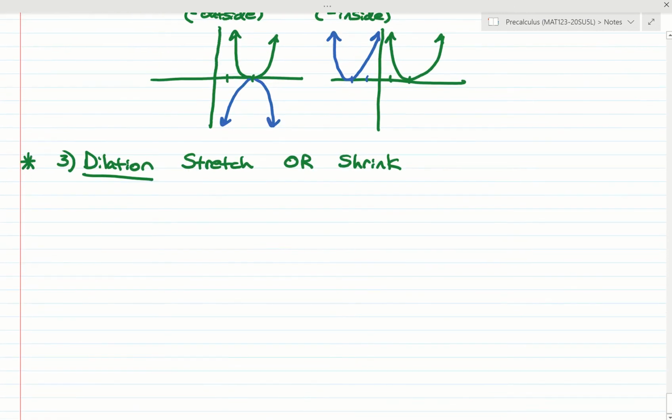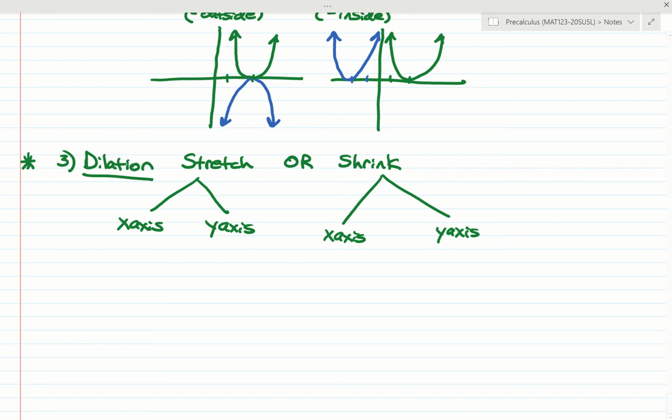Now we could stretch in the x-axis direction or over the y-axis. We could shrink also over the x-axis or the y-axis. When I say shrink, imagine you're bringing the graph closer to the midsection from either direction. When I say stretch, imagine you are bringing the graph away from the midsection.